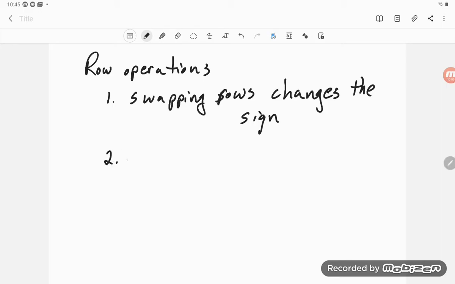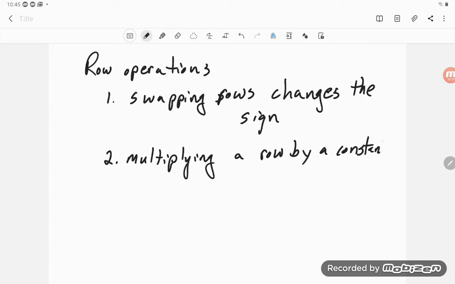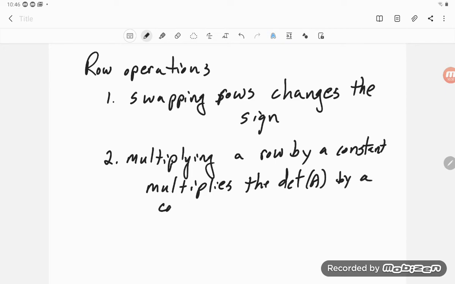2, multiplying a row by a constant multiplies the determinant of A by that same constant.